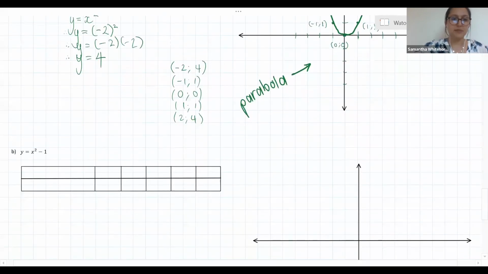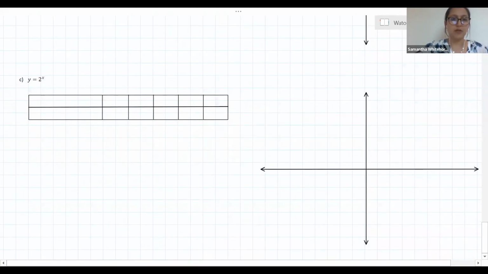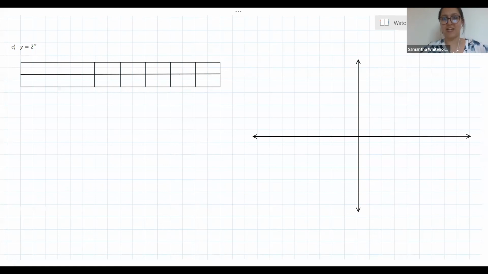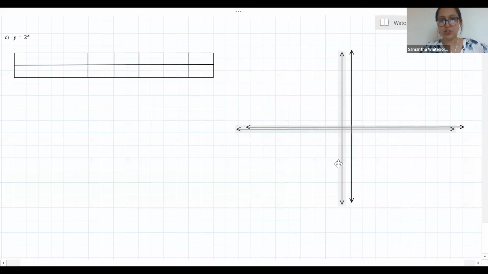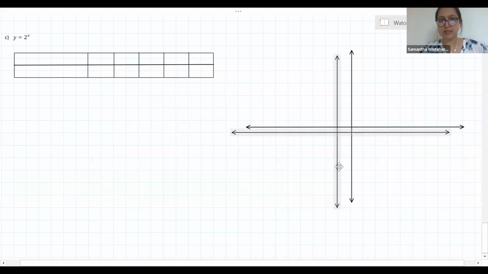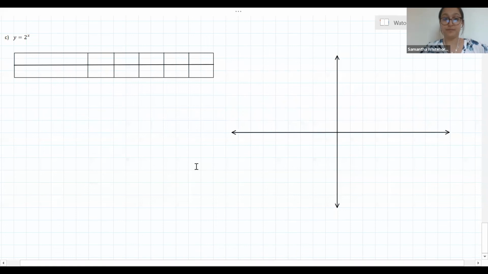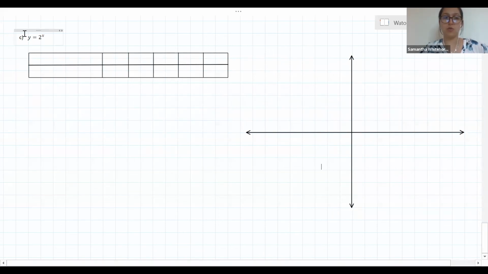Okay, I'm going to skip this one just because it's quite similar. I want to chat about this fun looking thing over here. Right, so this should be giving you some flashbacks of exponents. This 2 to the power x. We should be thinking, oh, this looks like exponents. And it should.